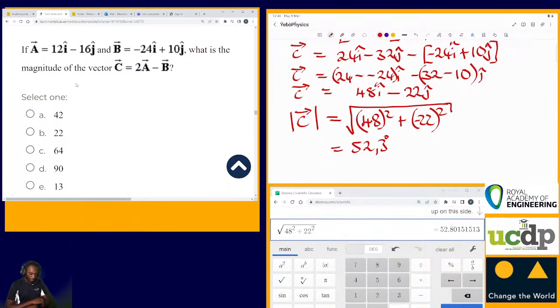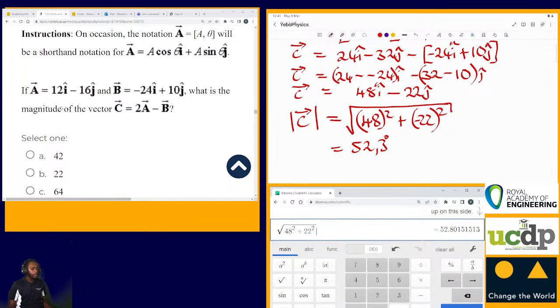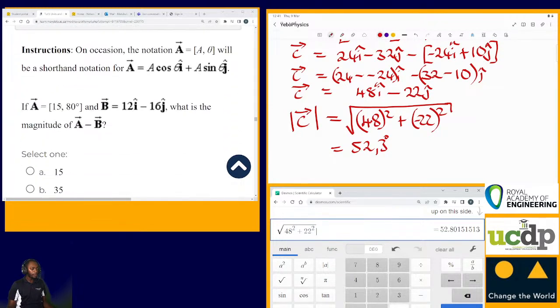Is it possible that we may have made a mistake somewhere? Let's check again, just to see if I punched that correctly. 48 squared plus 22. So we can go back again just to be sure one last time.